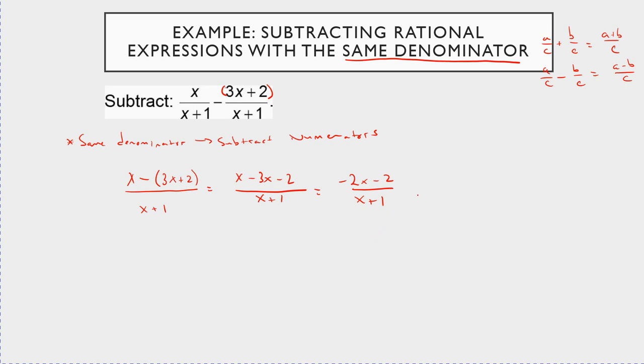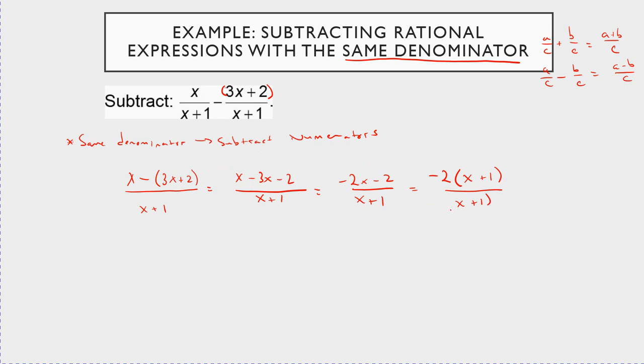You have to keep simplifying if you can. Notice how each of these in the numerator has a negative 2 in it. So let me factor out the negative 2. When I do that, I'm left with x plus 1 all over x plus 1. Do you see why, after you perform the operation of addition or subtraction, you have to simplify?